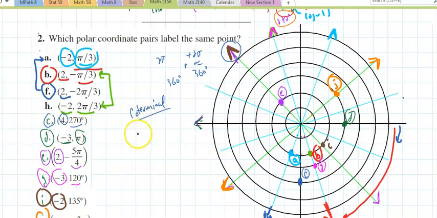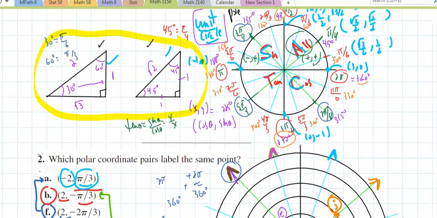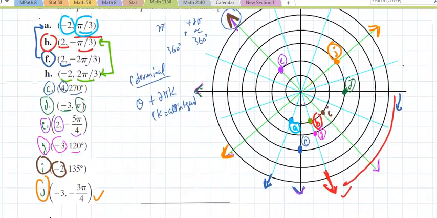Coterminal angles are whatever the angle is plus or minus 2 pi k, where k would be all integers. 2 angles we need a lot would be the reference angle referring to one of these 2 triangles, or the coterminal angles. And I'll talk about the reference angle later on.